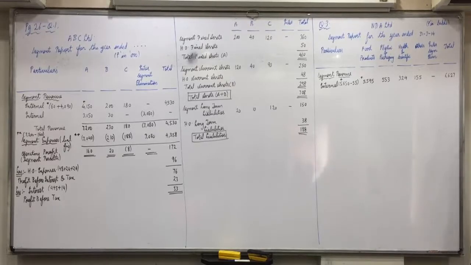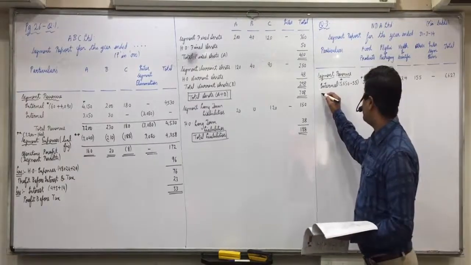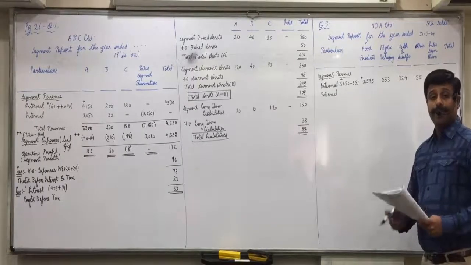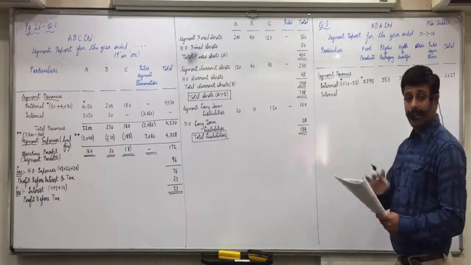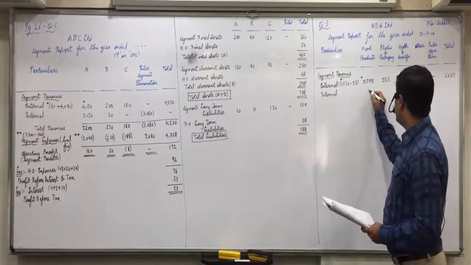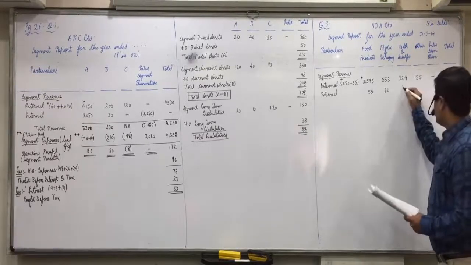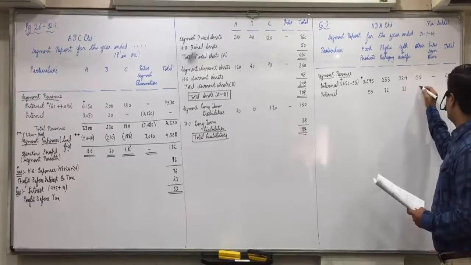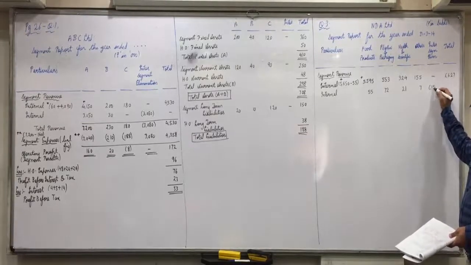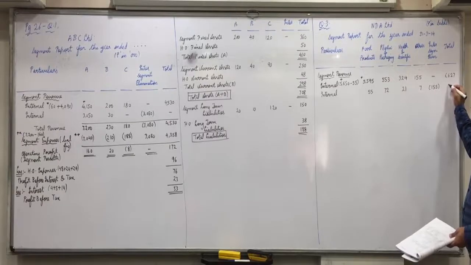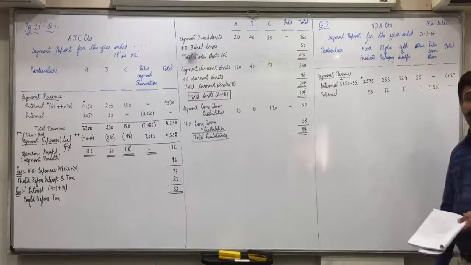Raise your hand. After that, internal: 55, directly from adjustment. Internal is 55, then 72, 21, 7, 155 negative, and total nil. Did everyone understand this?